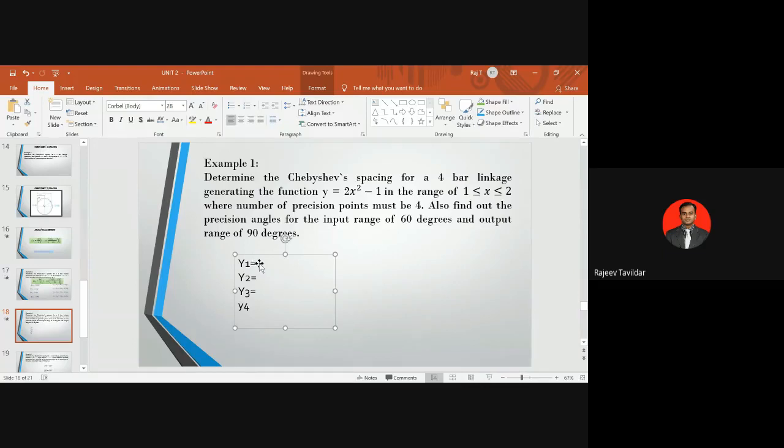So how do you find out y1? You know the equation y is equal to 2x square minus 1. So replace x by x1, you will get y1. Replace x by x2, you will get y2. And so on. So already you guys know what is x1, x2, x3, and x4. Can someone please quickly calculate and tell me what is y1? 1.15.